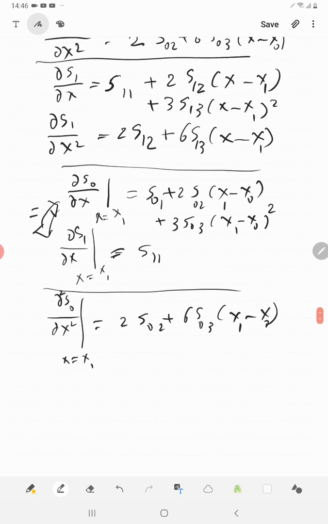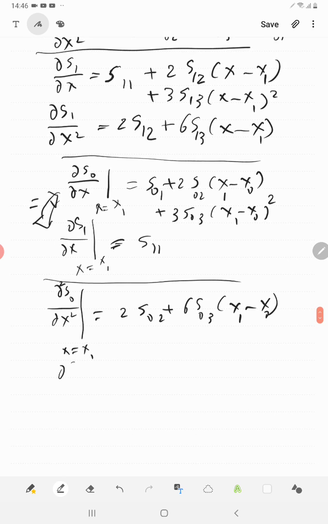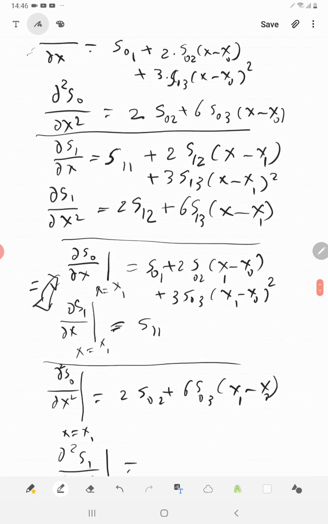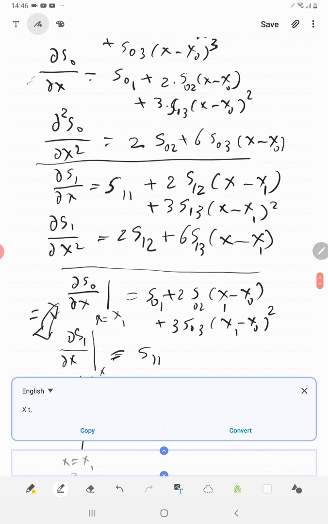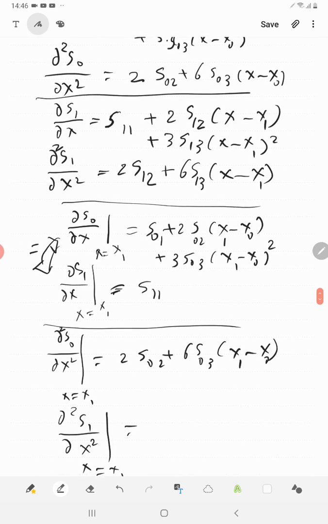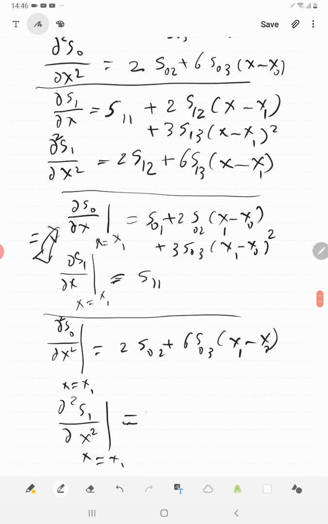And d²S1/dx² evaluated at x equal x1, you will get 2 S12, since 6 S13 (x1 minus x1) is 0.